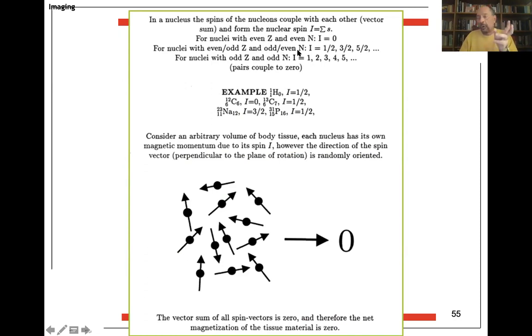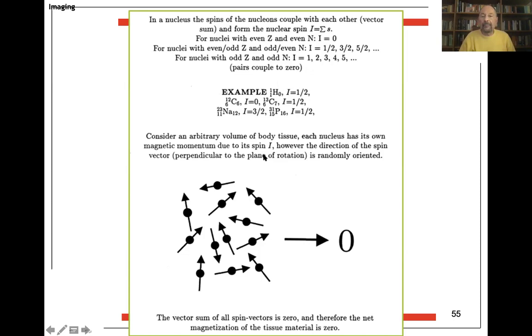So, for example, for hydrogen, the spin is 1/2. For carbon, the spin is 0, of course. Of course, not for the isotope, but for carbon 12 it is 0, and then you see for sodium 23 it is 3/2, and so on.